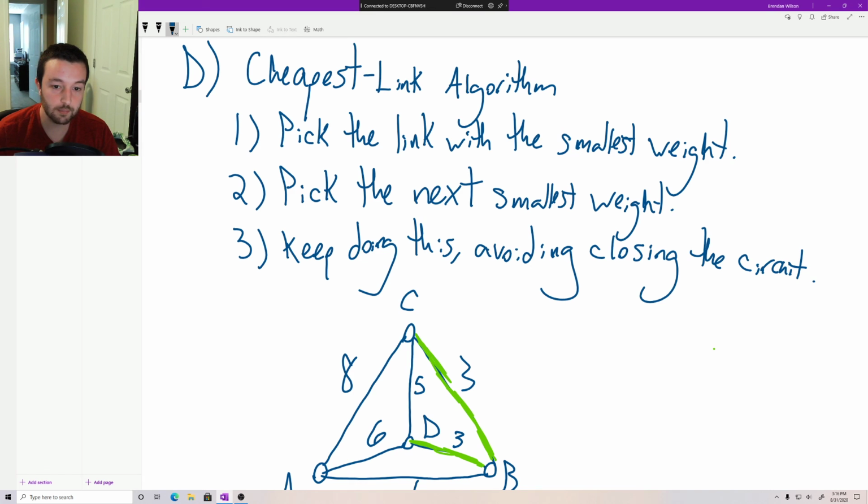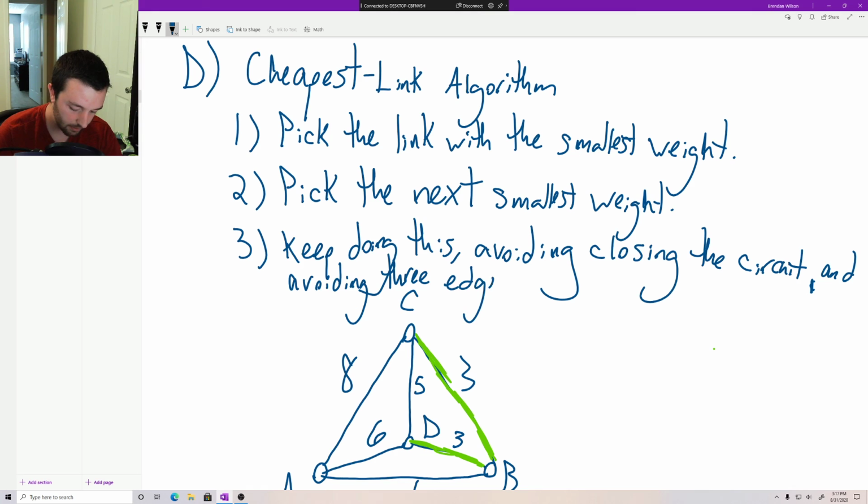So for step 3, we want to keep doing this, avoiding closing the circuit early, and avoiding 3 edges coming out of one vertex.